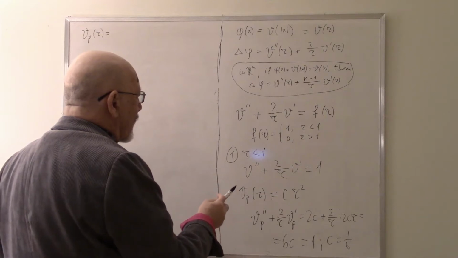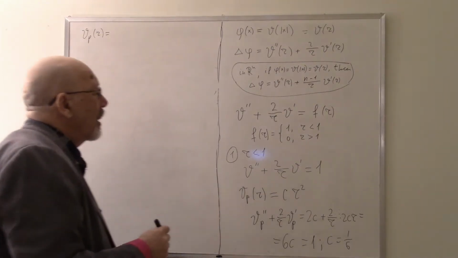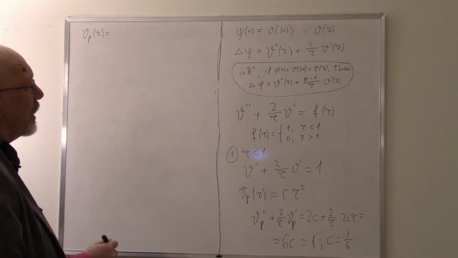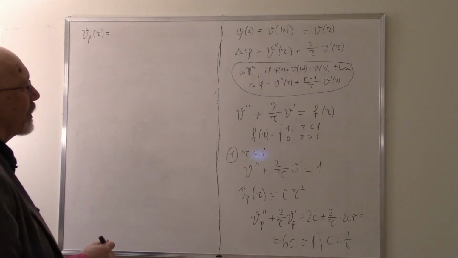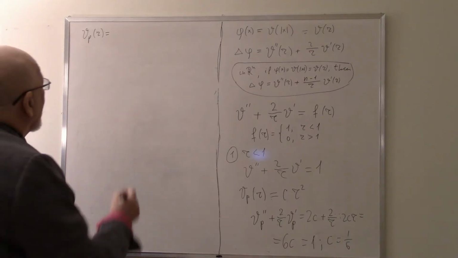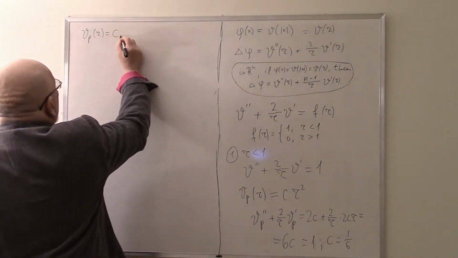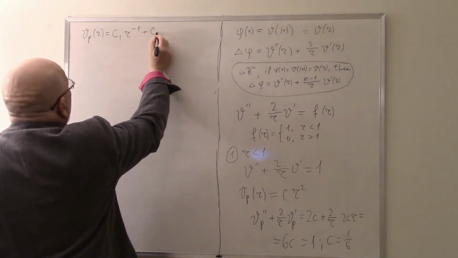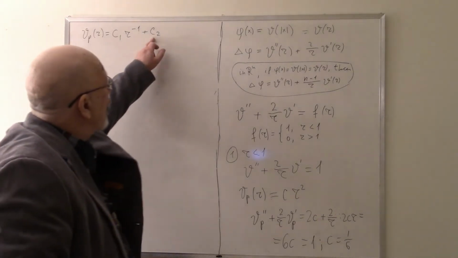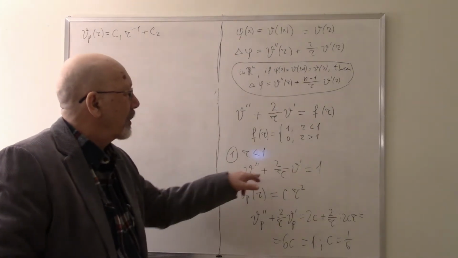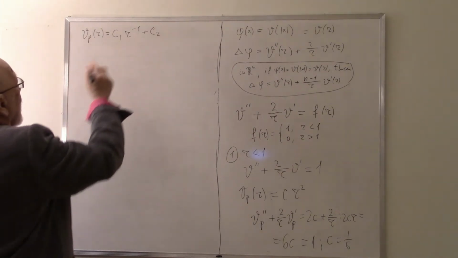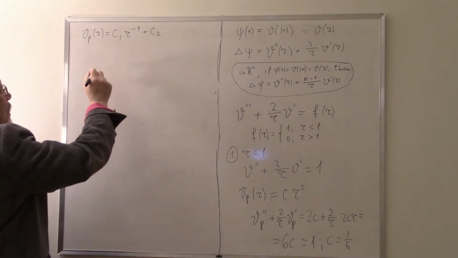Let me guess that it is some power of r, and the power should be minus 1. So C1 r^-1 plus C2. Now about C2, any constant, of course, is a solution of the homogeneous equation. And about C1 r^-1, why?